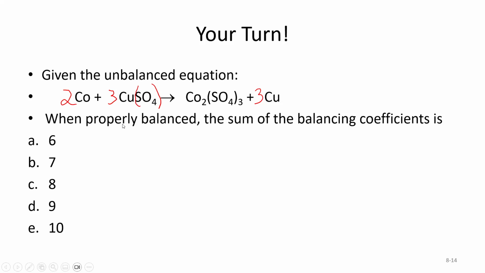So let's go ahead and check. We have 2 cobalt, 3 copper, 3 copper, 3 sulfate families, 3 sulfate families. This is automatically 1. So when we sum the balancing coefficients, we have 2 plus 3 plus 1 plus 3, and that gives us 9.